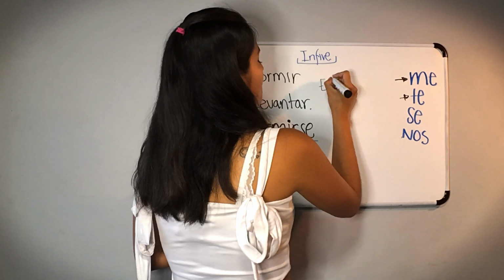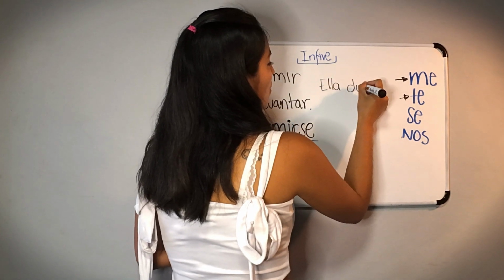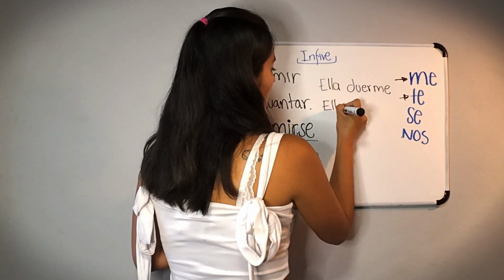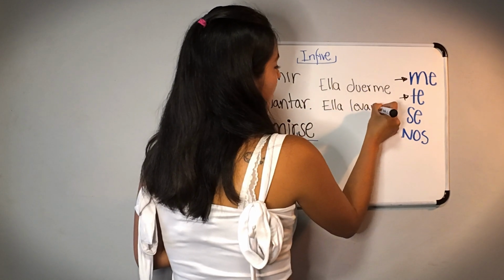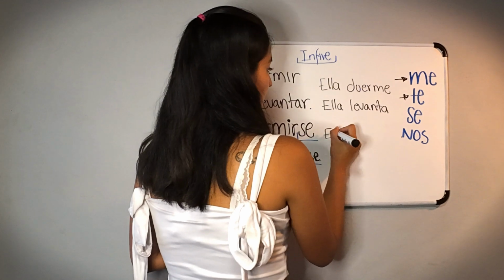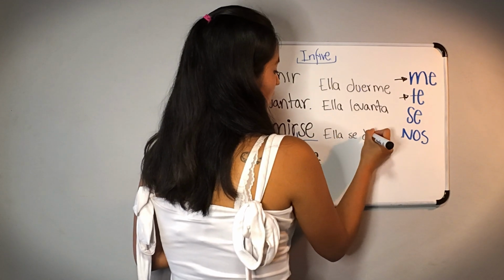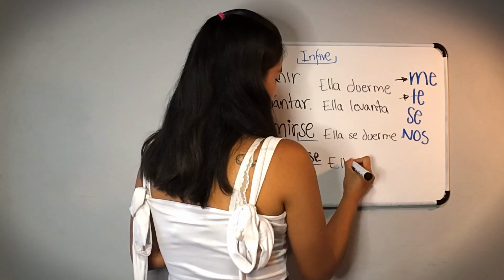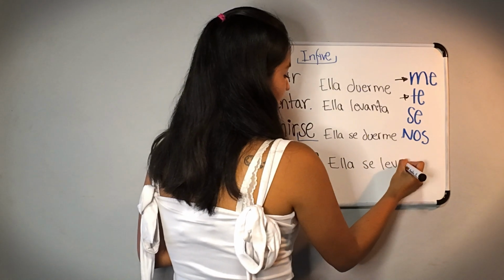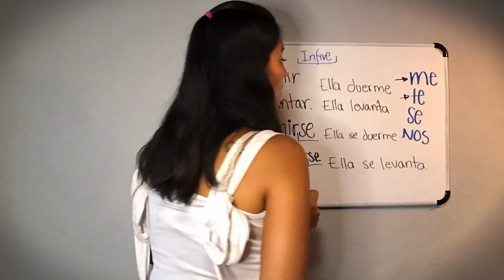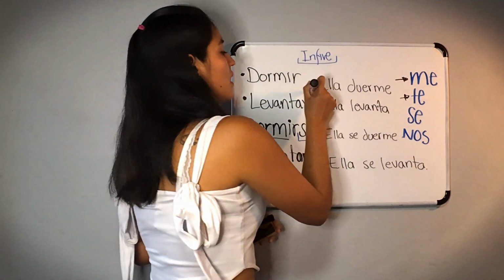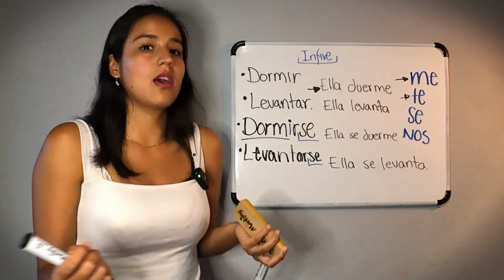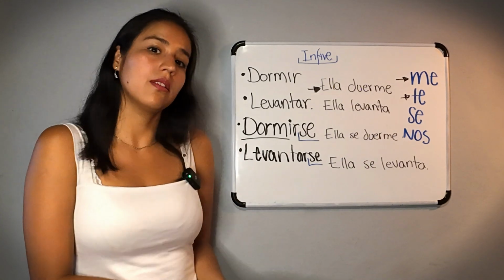Let's check the example. Ella duerme, ella levanta, ella se duerme, ella se levanta. Okay, if I use ella duerme, you don't have to say ella está durmiendo. You can just say ella duerme, and it means that she's sleeping.